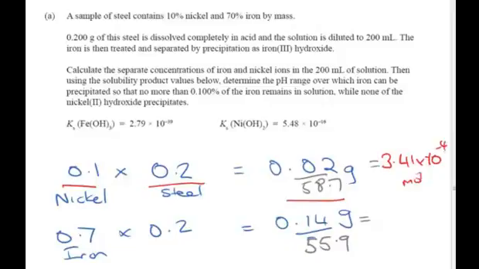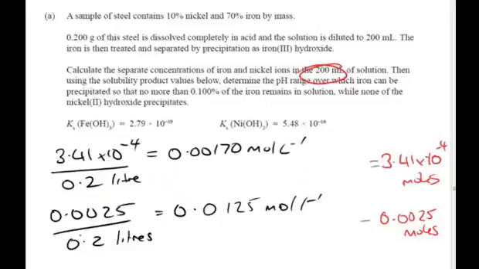And then if we do the same with iron, we'll find there's going to be 0.14 divided by 55.9, and that's 0.0025 moles. Now we need concentration, so obviously this is going to be divided by the volume, which we're given as 200 mL, and that will give us the actual concentration.